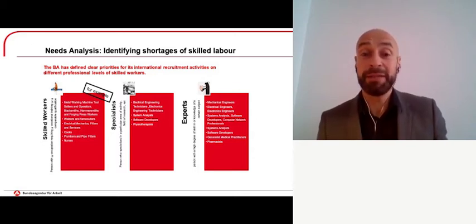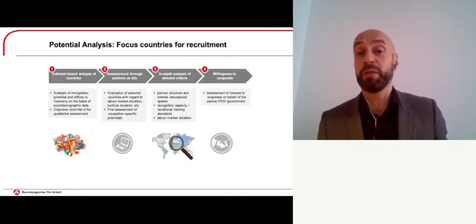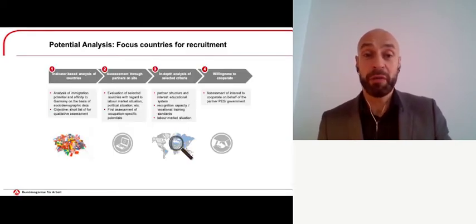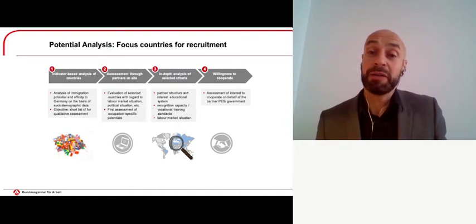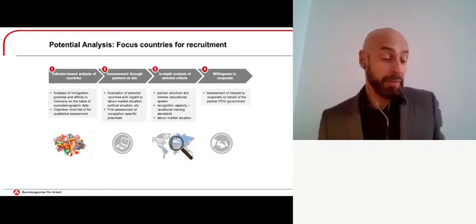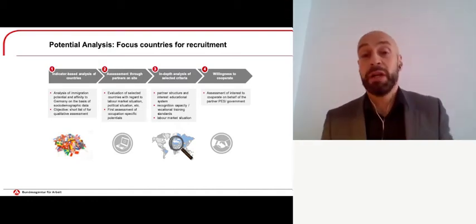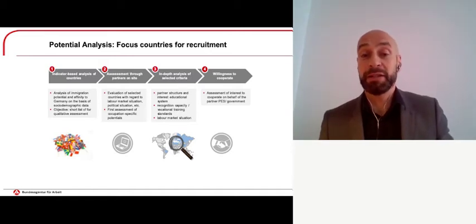So for identifying potential partner countries, of course, we cannot work with 200 countries in the world at the same time. And of course, we need to take into account the partner structure in the partner countries. We need to consider the qualification standards and many other factors, the willingness to cooperate, for example.